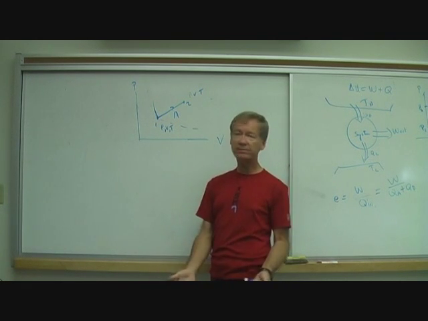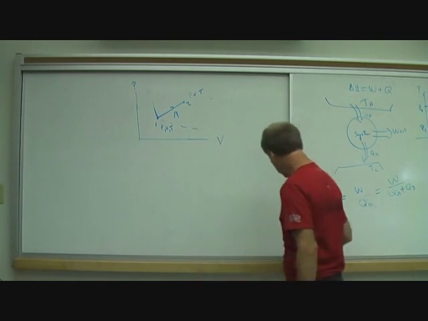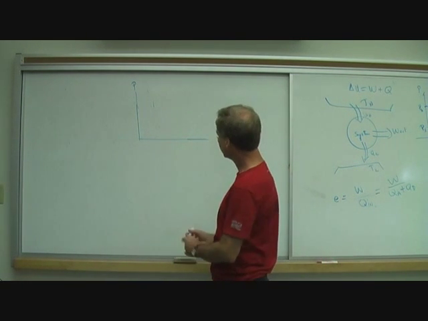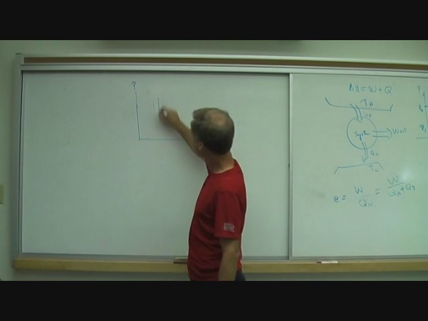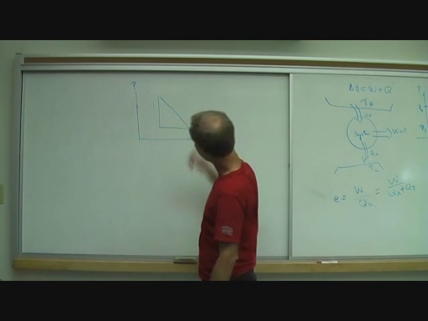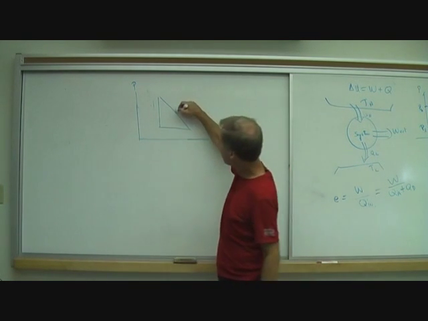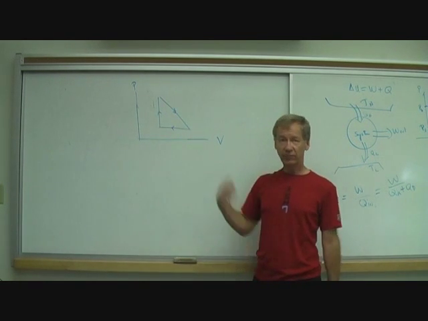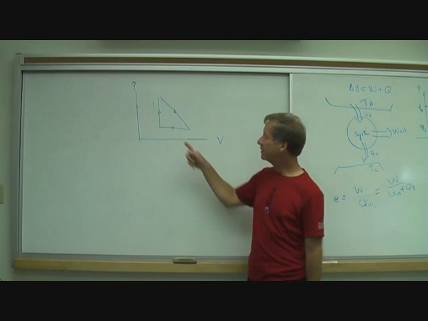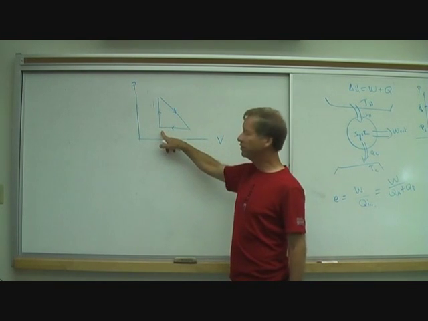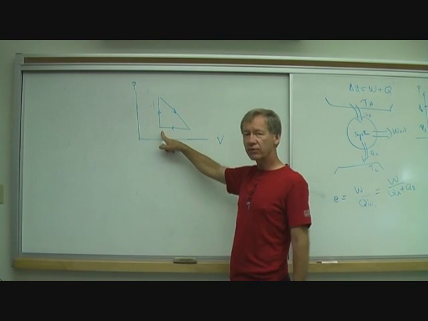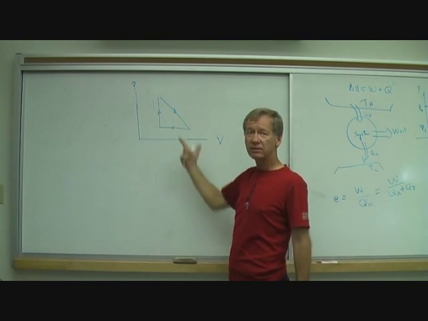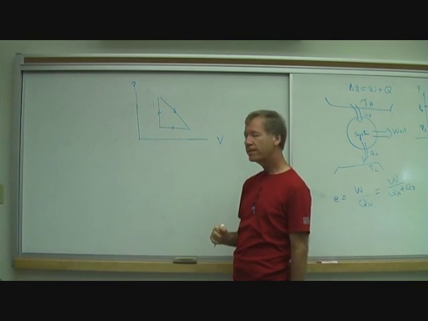Now you could make up cycles that use processes like these. For example, you could make up a cycle that looked like that. And if I did the cycle in this direction, it would do work. Now, this one is one that's easy, one that I know, constant pressure, constant volume, and this is a wicked one like the previous one that I drew.